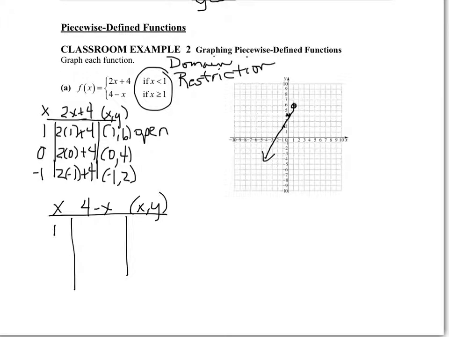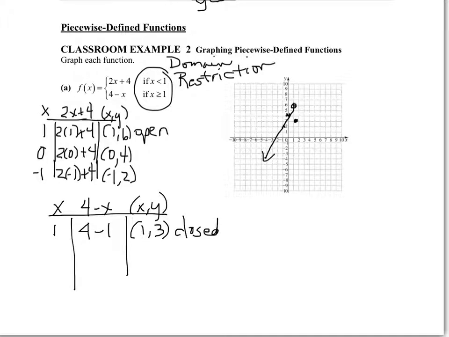So I want to start with an x value of 1. And when I plug that in and simplify, when x is 1, y would be 3. Now, because of the or equal to, this needs to be a closed circle. It's included in the graph. So at 1, 3, I have a closed circle.